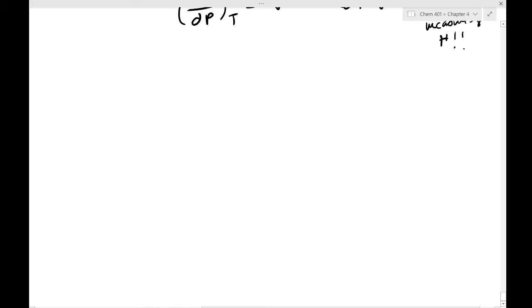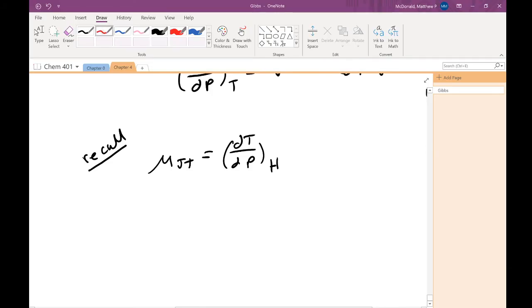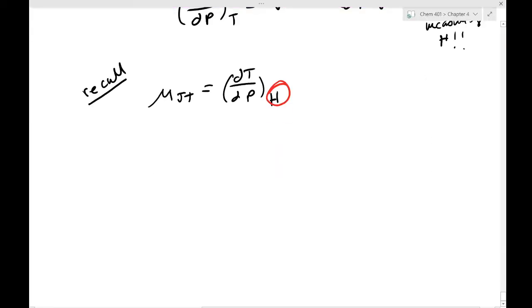So let's look at another example. If you recall, I think this is in chapter 2, the Joule-Thomson coefficient. The Joule-Thomson coefficient is equal to the change in temperature with respect to the change in pressure at constant enthalpy. Remember, that was the really interesting thing about this experiment, that it was at constant enthalpy, which was a new thing at that point.